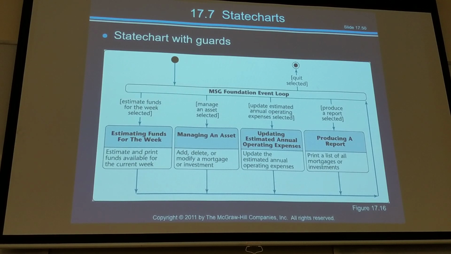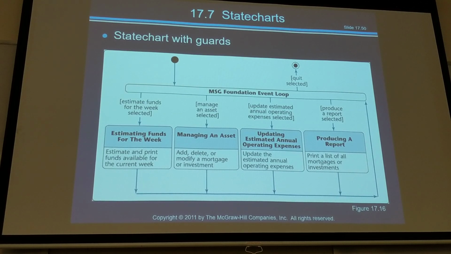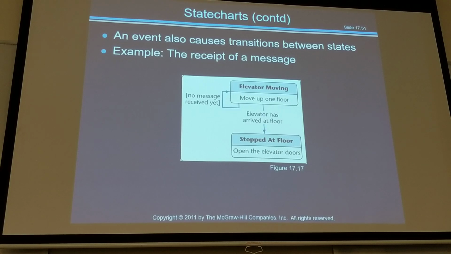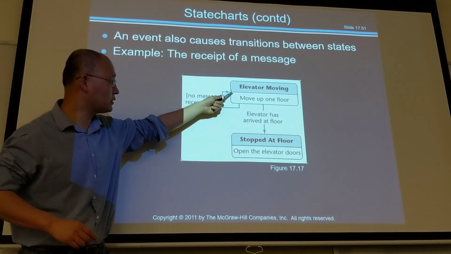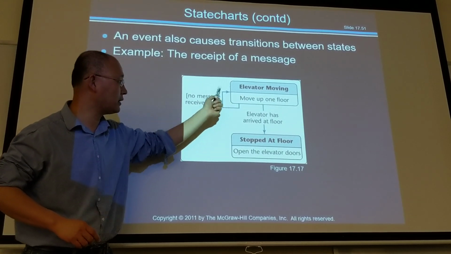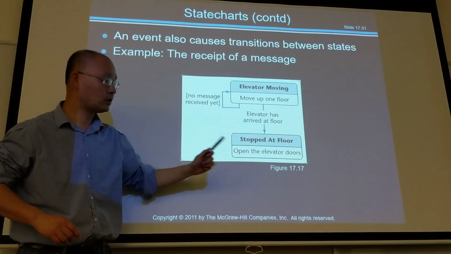Any program you write is a state machine. You also have messages. For instance, this elevator, when there's no message, it's basically staying here. When there's a message, it's going to a different state.